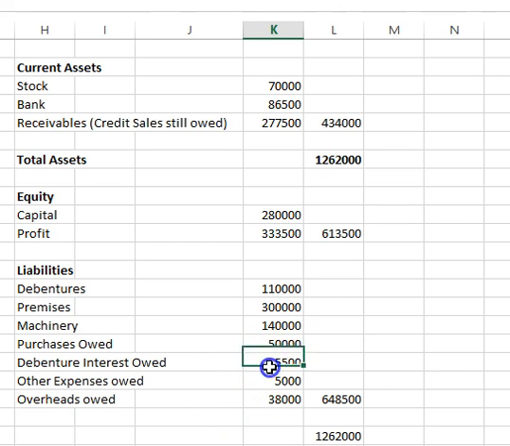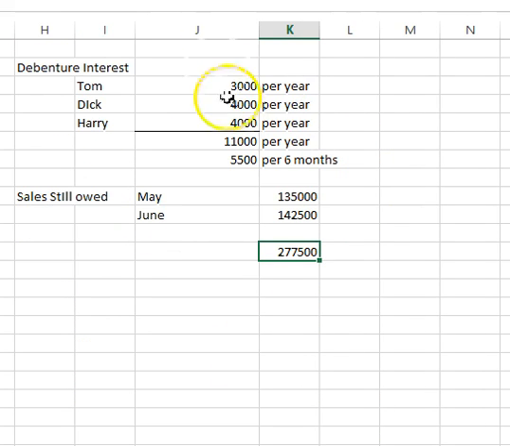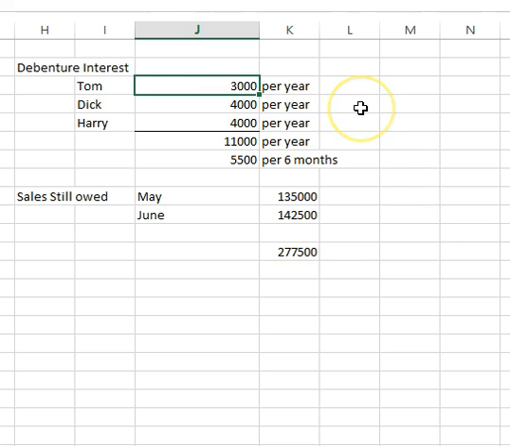Debenture interest owed, again, to have a look at how we calculate that. Tom is owed a total of 3,000 of debenture interest per year. That's got by taking his debenture of 30,000 and multiplying it by the interest rate of 10%. Dick is owed 4,000 per year, again taking his debenture of 40,000 and multiplied by 10%.